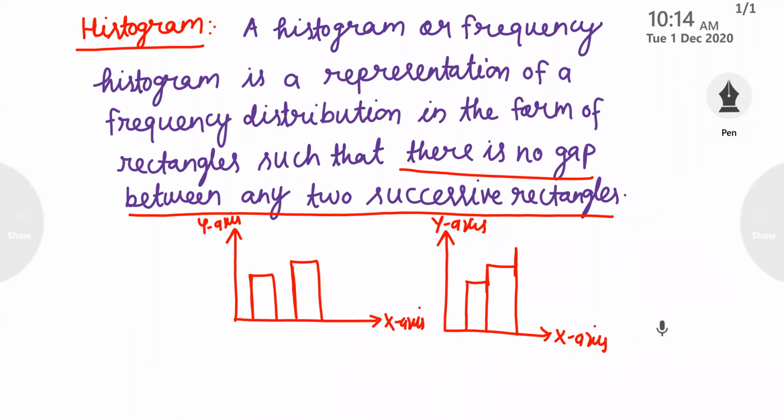This is called a histogram. Here I want to show a zigzag because here there is no data. This is the difference between histogram and bar graph.